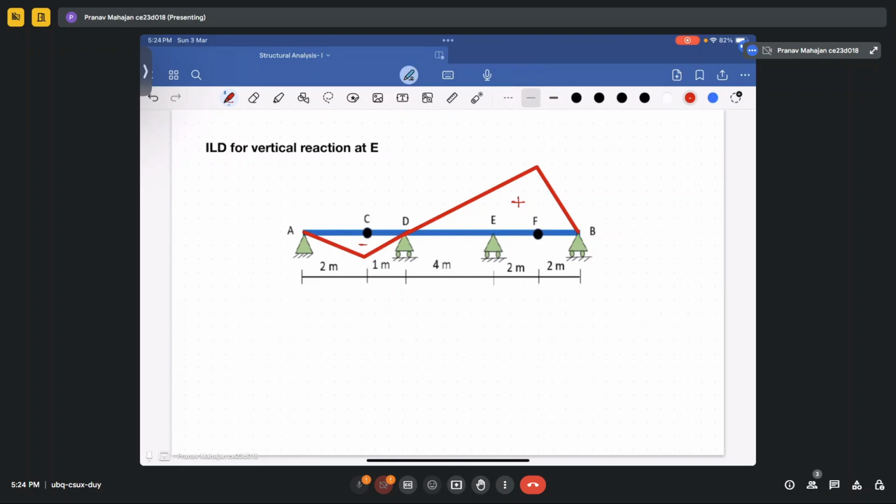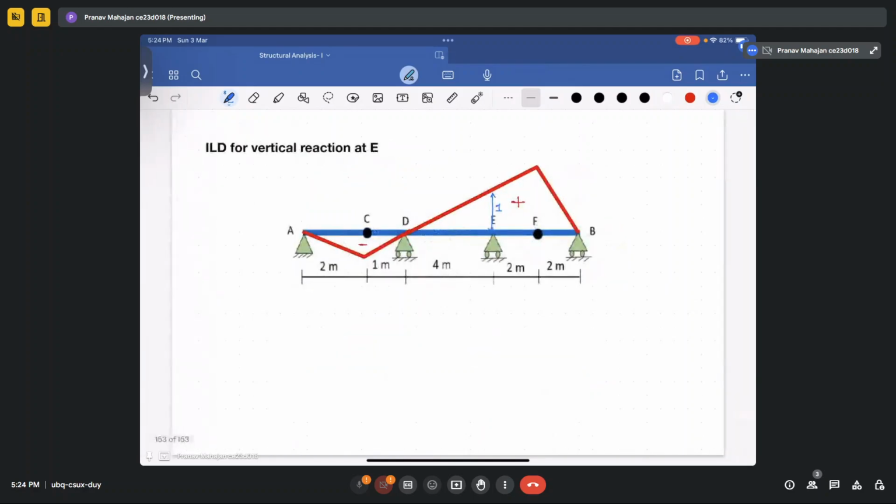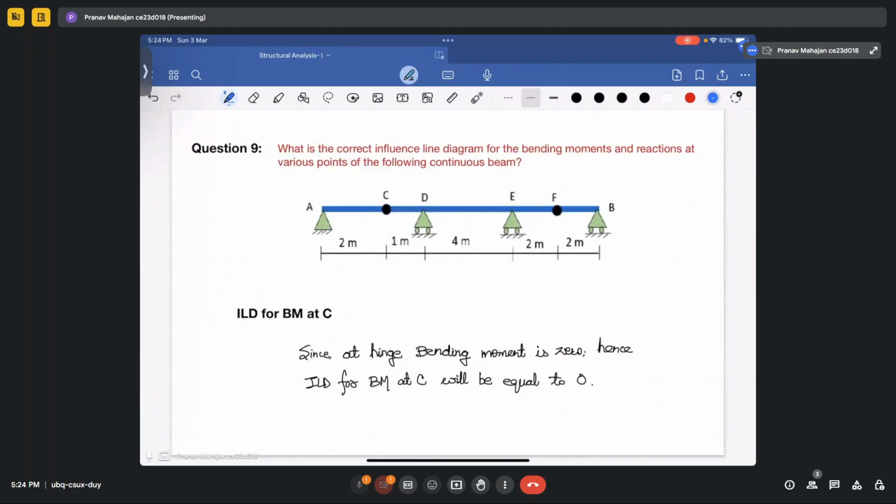Okay, so here also the 1 kilonewton vertical reaction is provided. Okay, this is how you will draw the influence line diagram for various shear force and vertical reaction along the different length of the beam. So if you want to calculate the bending moment at any particular point, provide a unit rotation to that point.